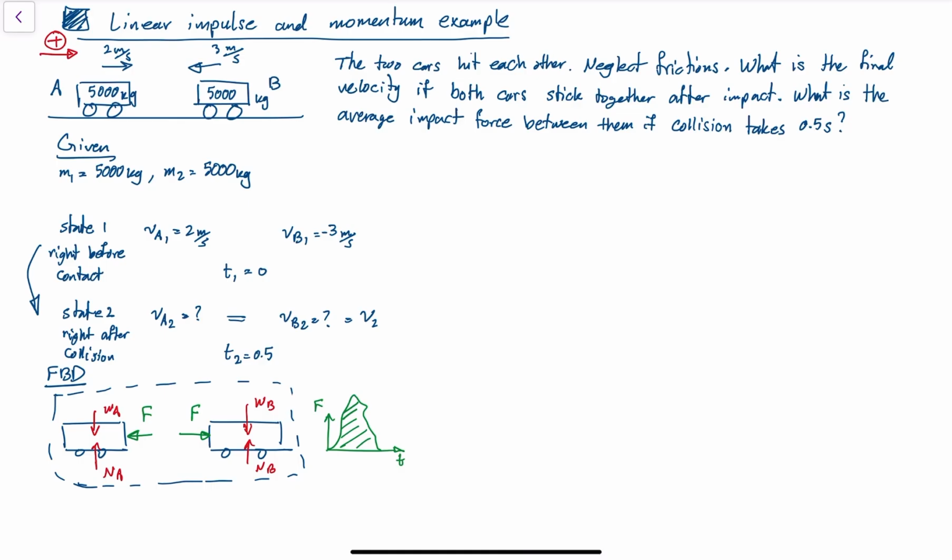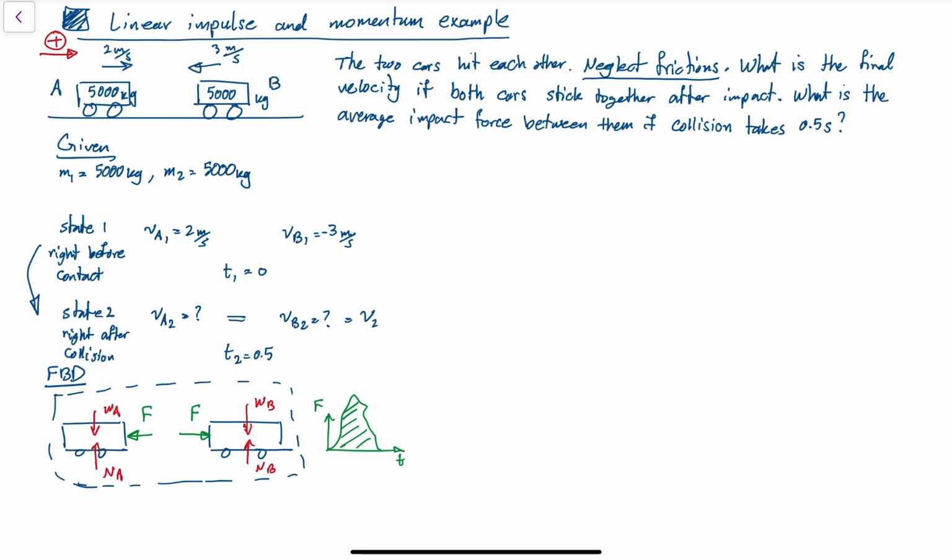And the external forces are only the red ones, the normal force and the weights. And both of them are by definition in the vertical direction. So there is no external force, noting that we are neglecting friction. So there is no external force in the horizontal direction at all, meaning that this transition that we are interested in is governed by constant momentum, linear momentum of the entire system.